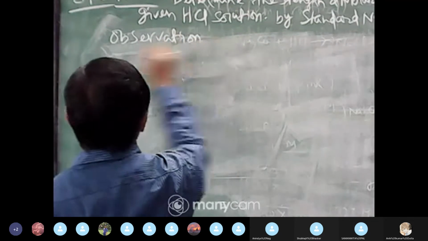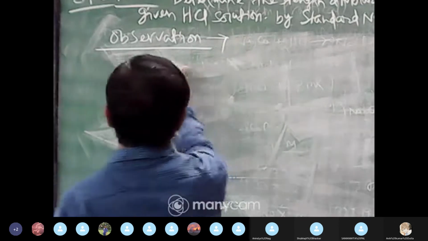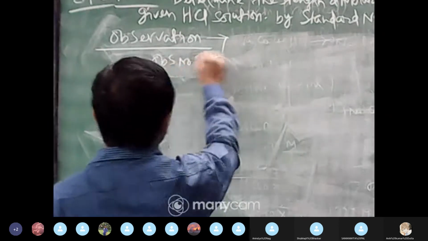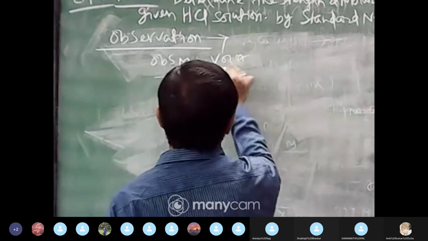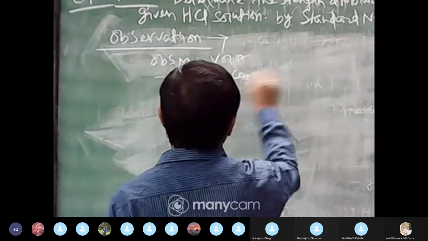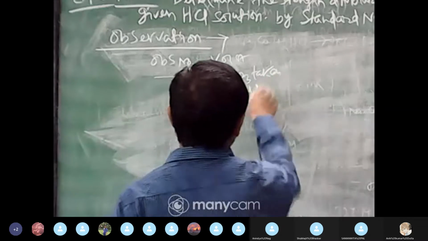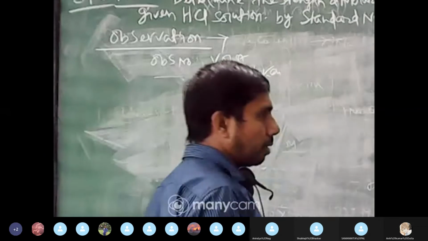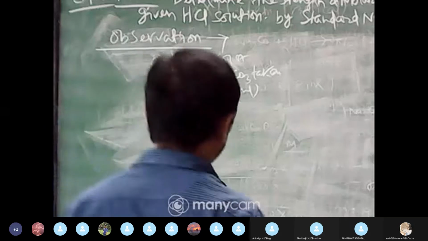Observation. Observation number, volume of sodium carbonate taken in milliliter ml. From where do we get that ml mark? The burette is of 50 ml, so from where it is 25 ml.